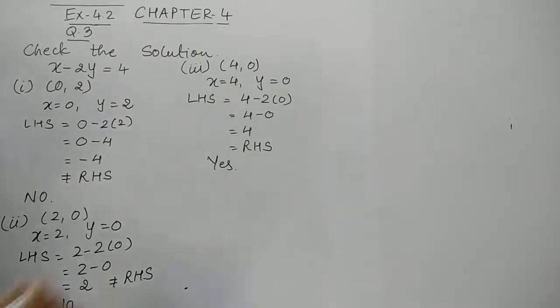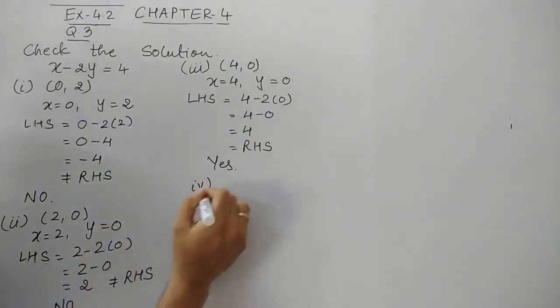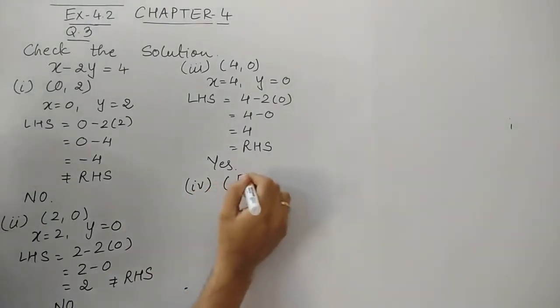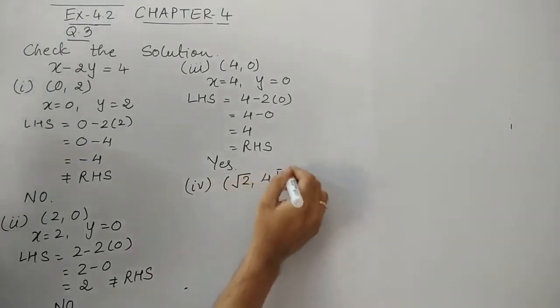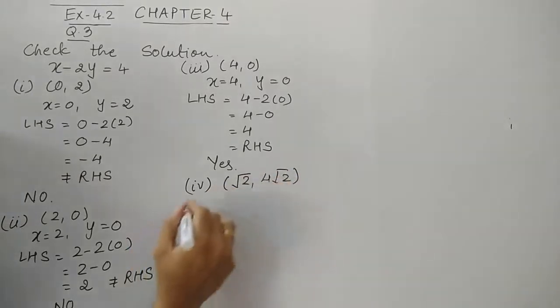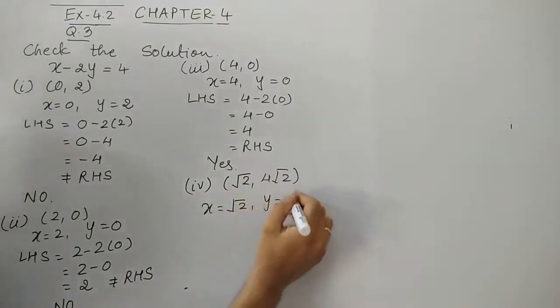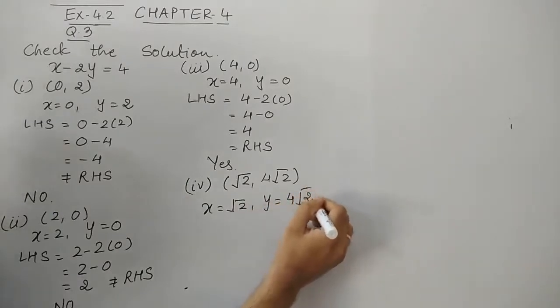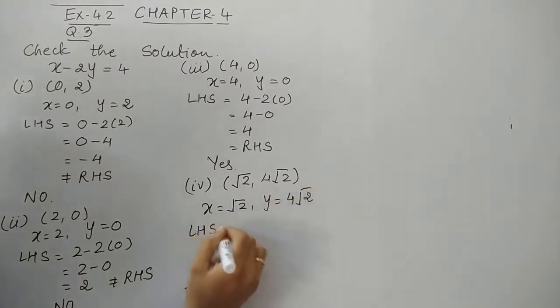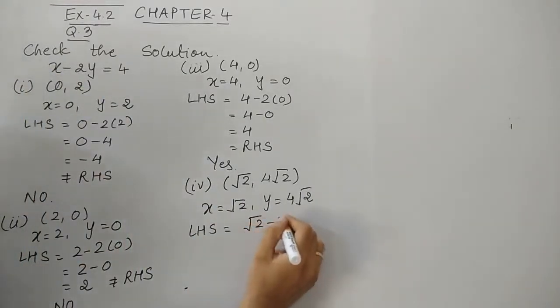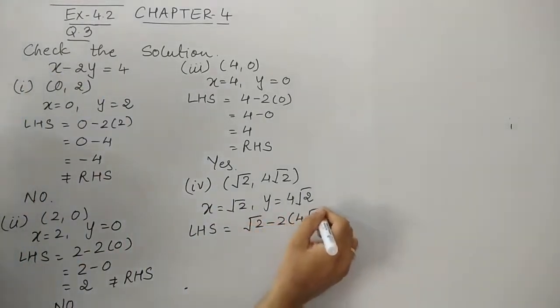Let us go for one more question. This is an interesting. It's root 2 and 4 root 2. You can see that both the numbers are irrational numbers. So x is root 2 and y is 4 root 2. Let us substitute this value in the left hand side of this equation. Root 2 minus 2 into the value of y, 4 root 2.